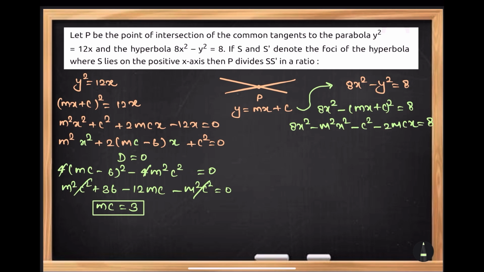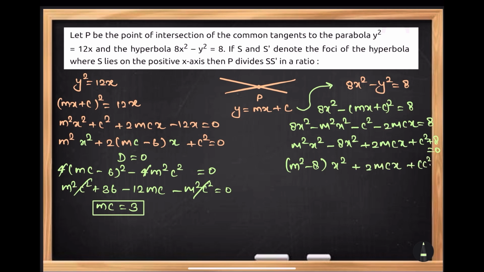Now let's write this in standard form, everything on one side. So (m square minus 8) x square plus 2mcx plus c square plus 8 equals 0.